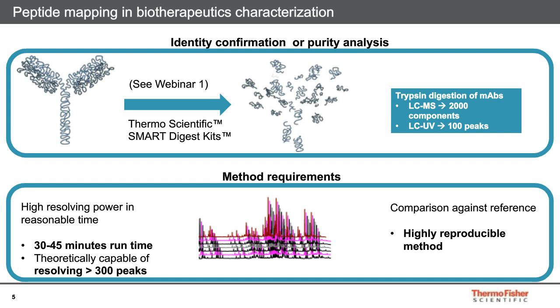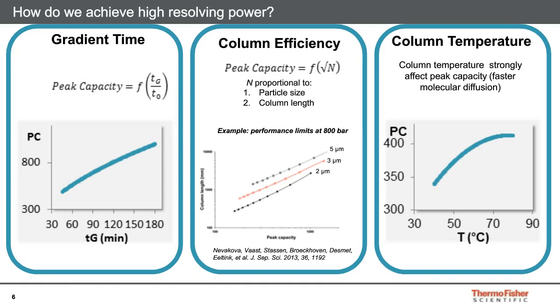And for this sort of comparison, you need to have a highly reproducible chromatography to make your life easier. So in this first slide, we'll see how to increase the resolving power and to get to this minimum of 300 peak capacity that you need for a proper peptide mapping.